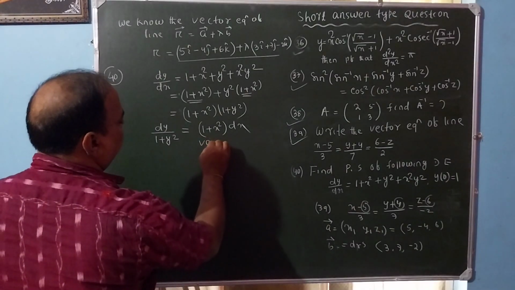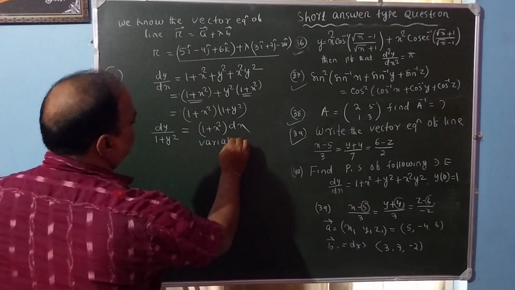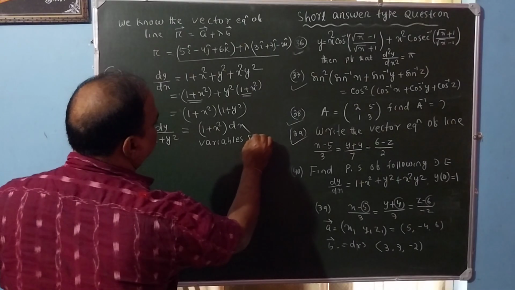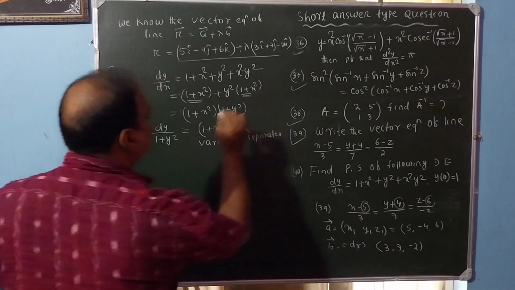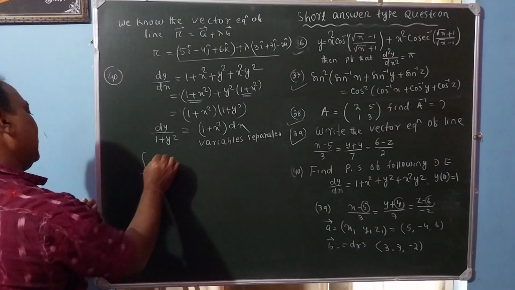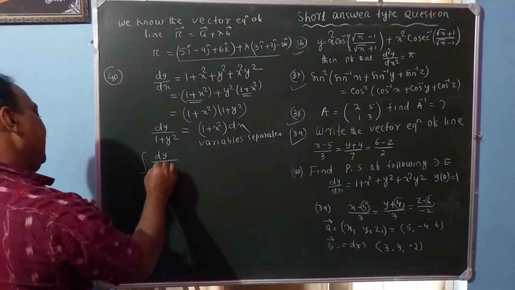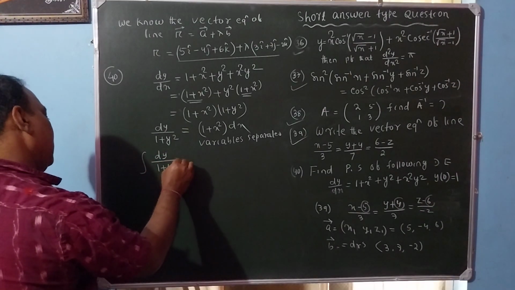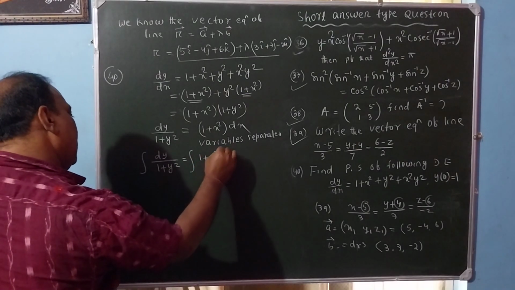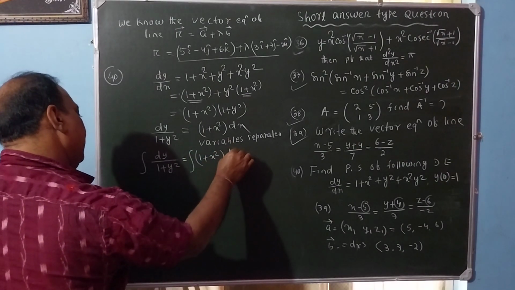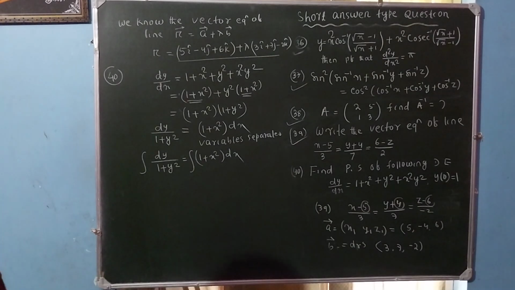Write down: variables separated. Then integrating on both sides. dy by 1 plus y square is equal to 1 plus x square into dx.